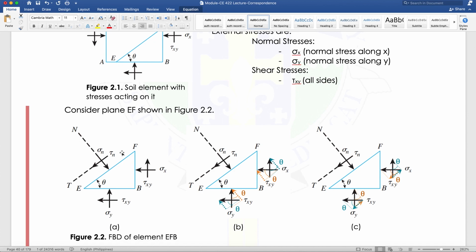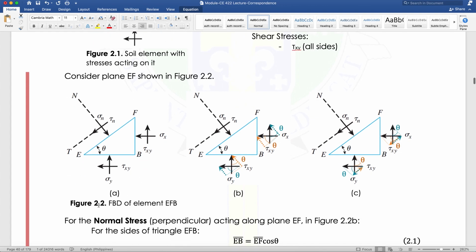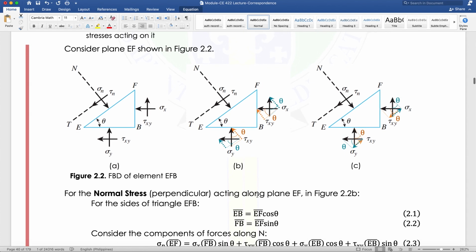And of course, we will have an angle of inclination with respect to the x-axis. Now, the normal stress is perpendicular to plane EF.